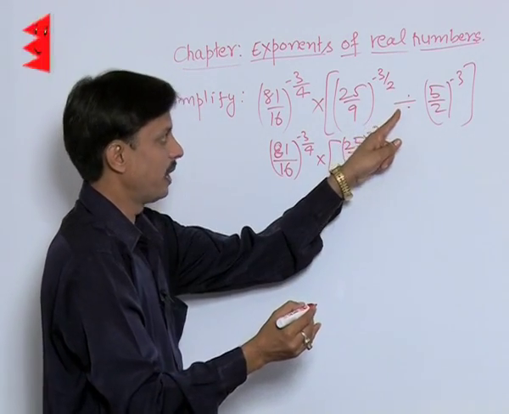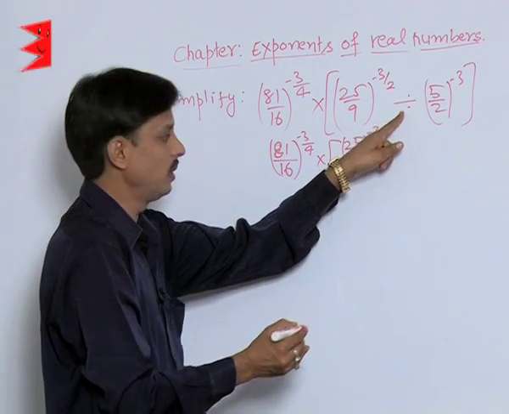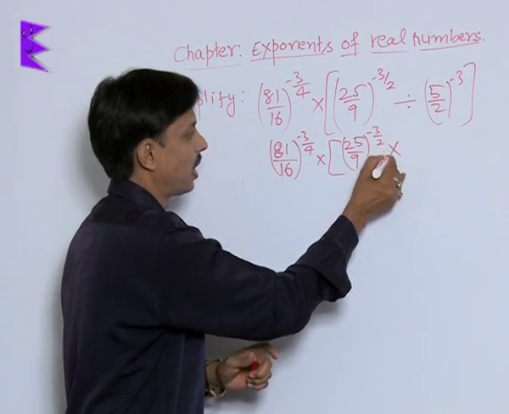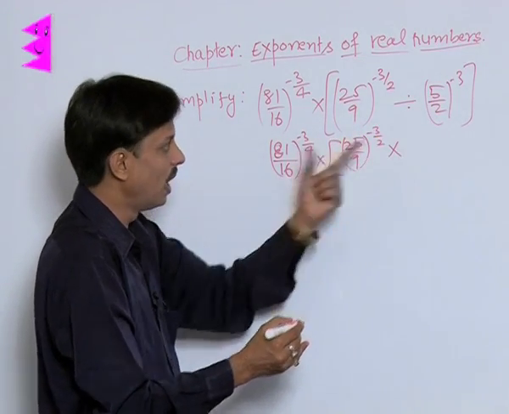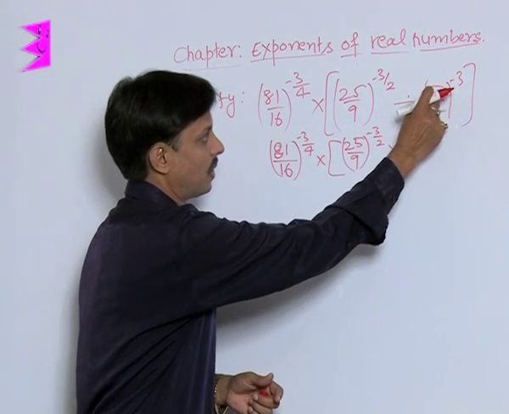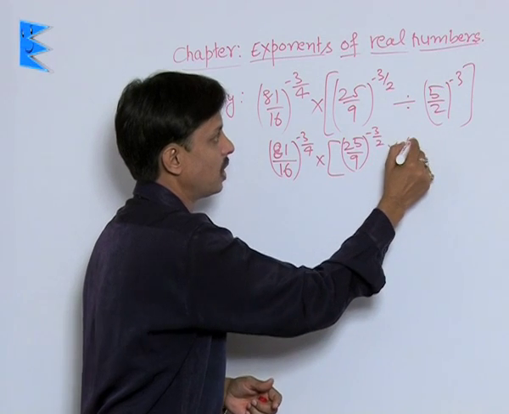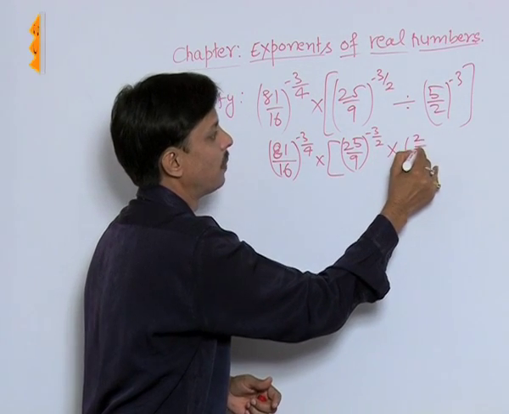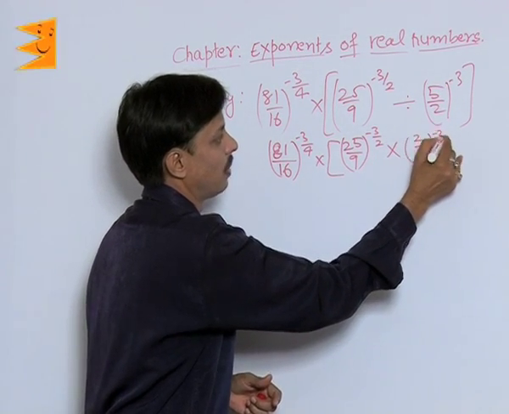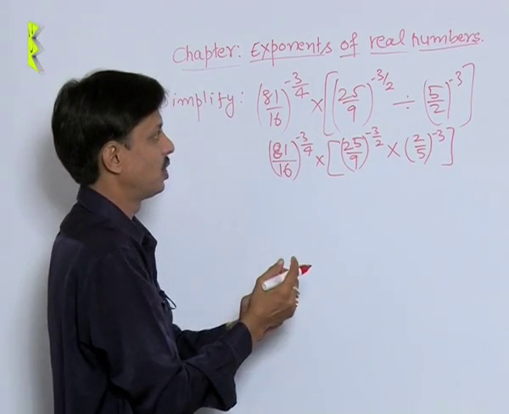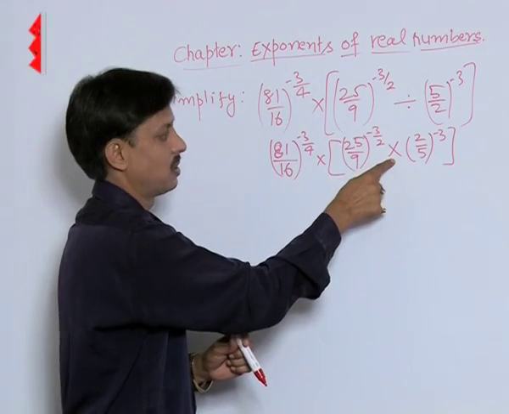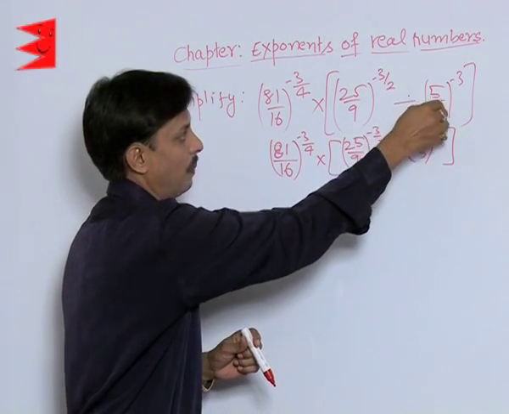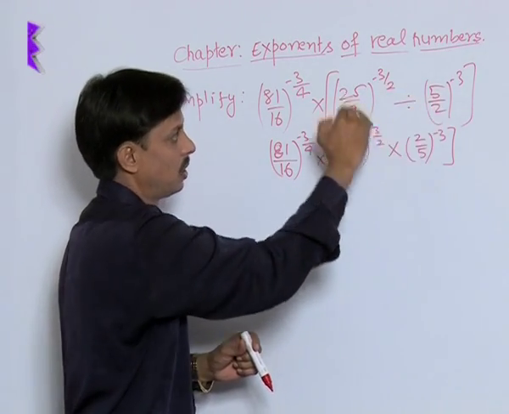If I change this division, in place of this I can write multiplied, but this base 5 by 2 will reverse. So after reversing 5 by 2, this will be 2 by 5, with no change in the power minus 3. So in the first step, I just changed this divide to a product by reversing the base.